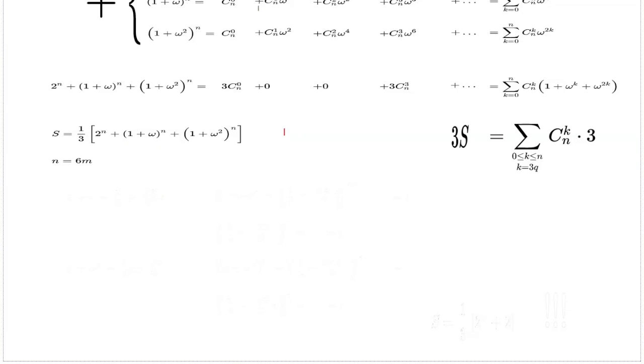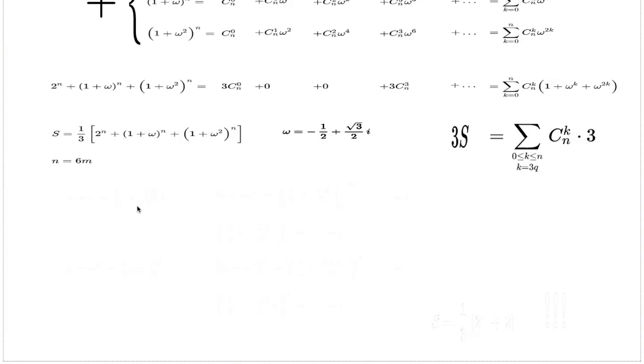So omega was something like negative 1/2 plus root 3 on 2 i. That was my omega. That's how we introduced the omega on the top of this screen.